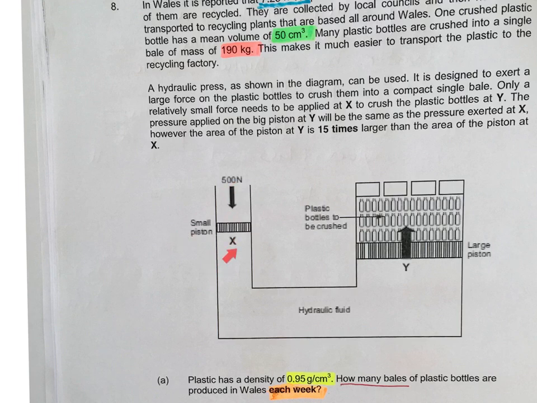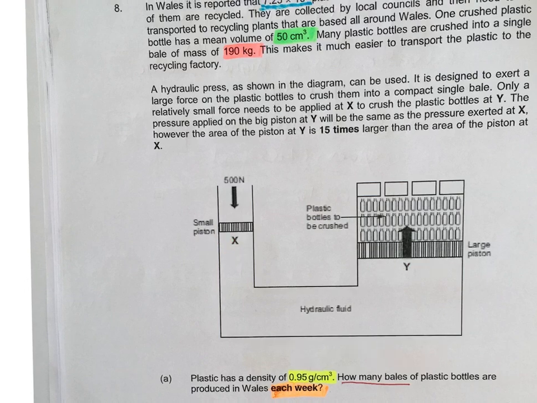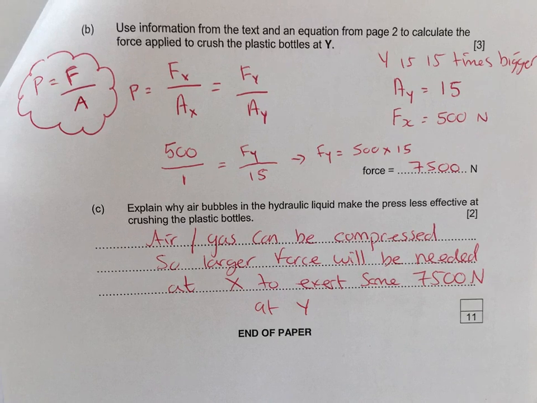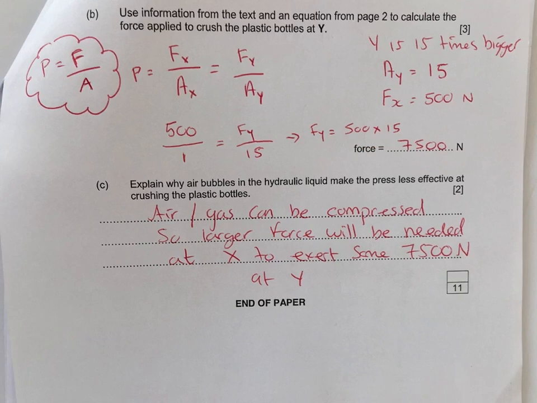I know this area is 15 times bigger than this, so if this was 1, this would be 15. And now I can rearrange to solve for the force at y. So it's going to be 500 times 15, which is 7,500 newtons. So again, not a very nice question there.